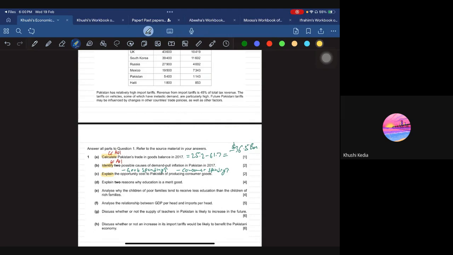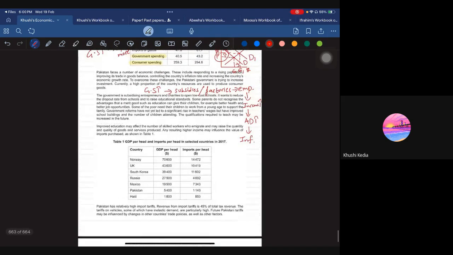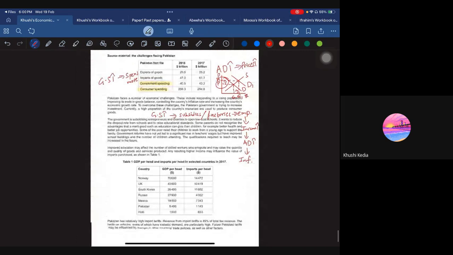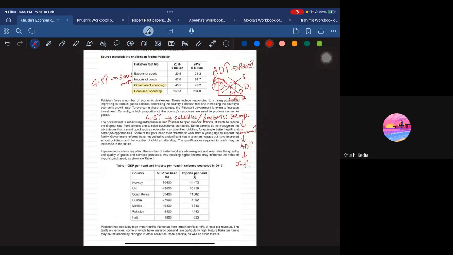So is it knowledge or analysis? Knowledge, assessment objective A1. So what could be the opportunity cost to Pakistan of producing the consumer goods? All your answers should be linked to the case somehow.